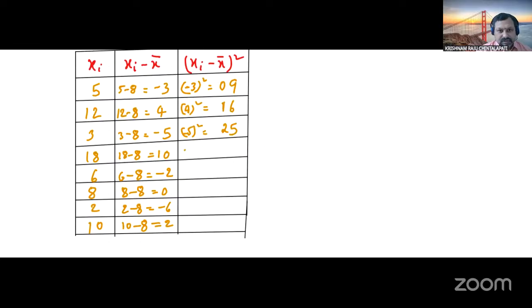Minus 2 whole square, minus into minus plus, 2 2s are 4. Next 0 square gives 0. Next minus 6 whole square gives 36. 2 whole square gives 4.